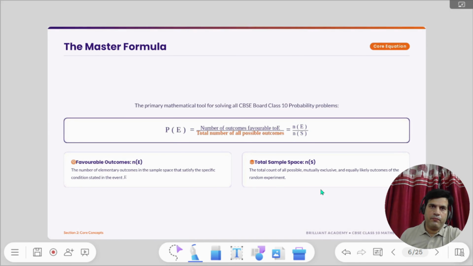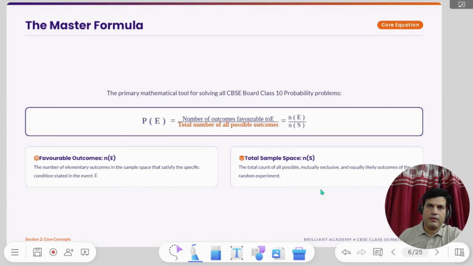And the formula for this we will discuss, the primary mathematical tool for solving CBSE board class 10th problems. So we have P(E) equals the number of outcomes favorable to E upon the total number of possible outcomes. So that is n(E) upon n(S), where S is the total sample space here.